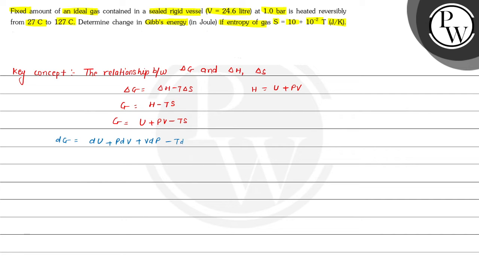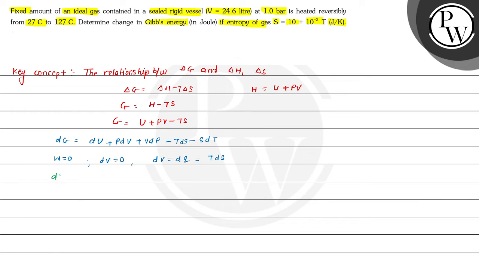Now W is equal to 0, so the value of P dV becomes 0, and dV is equal to 0, so dU is equal to dQ, that is also equal to T dS.